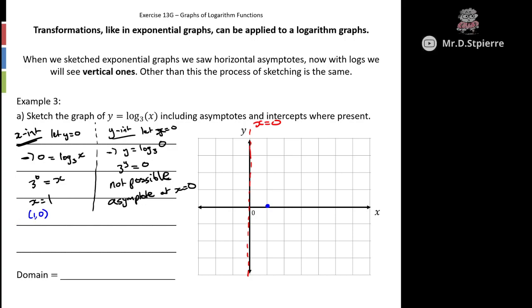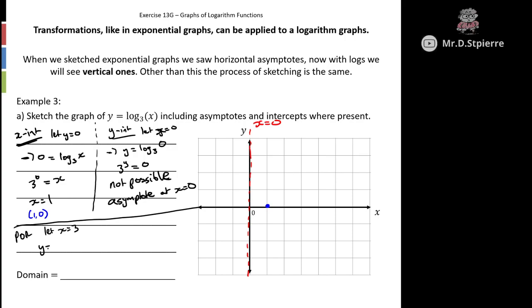And I would also find a point of reference. So in this case, I'm going to tactically let x equal to 3, and I'll come back to why I've chosen that, but it will make our life much easier.